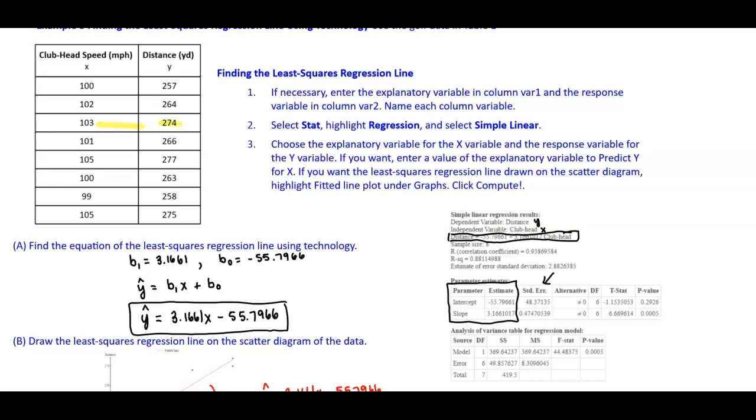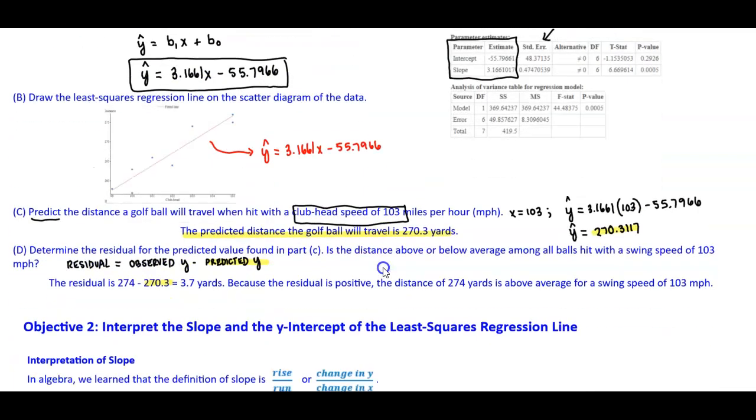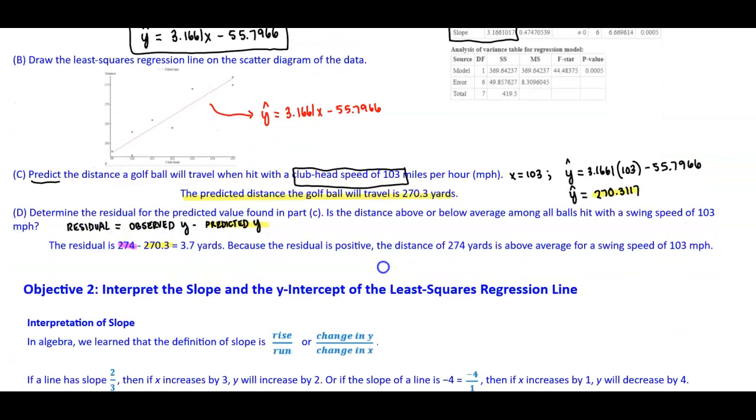Let me use a different highlighter here. So the Y value is 274. Therefore, we take 274 and subtract 270.3, and that equals 3.7 yards. Because the residual is a positive value, the distance of 274 yards is considered above average for a swing speed of 103 miles per hour.